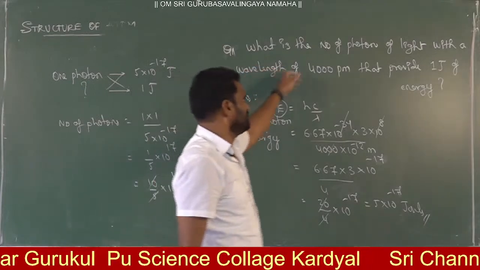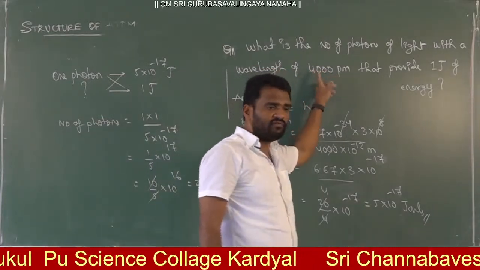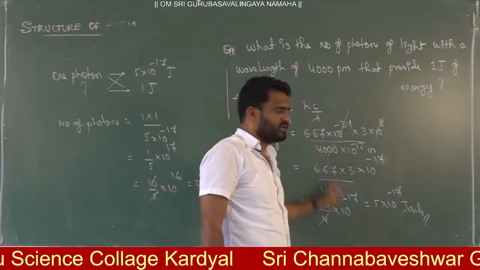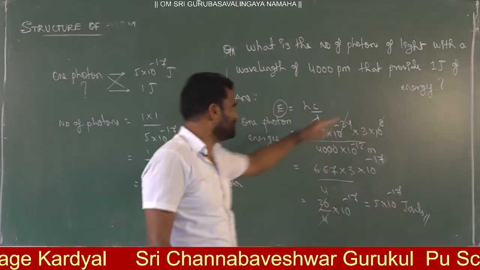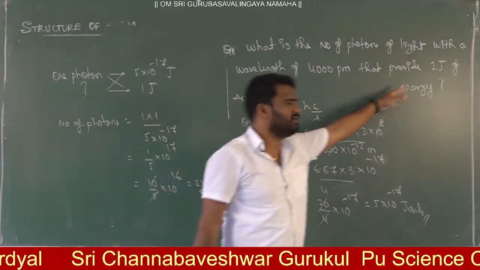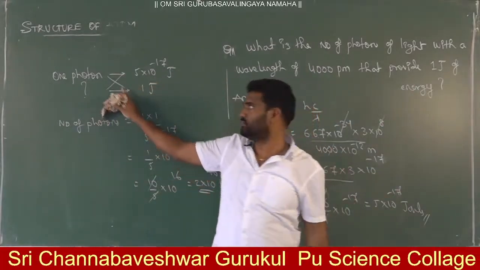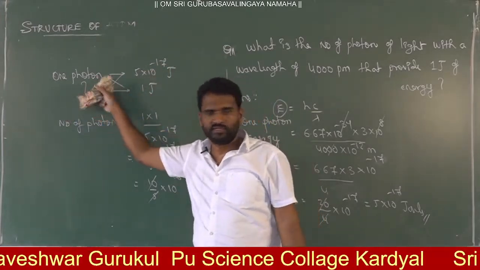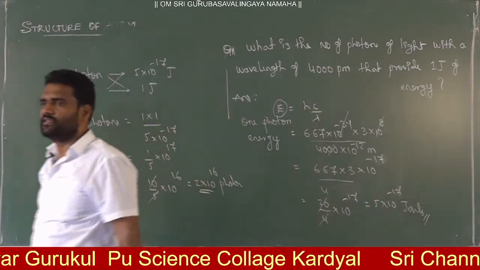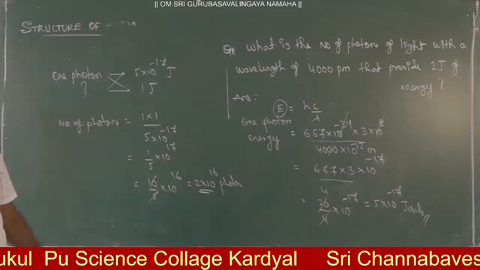Here in the question, the wavelength of 1 photon is given. You have to calculate the energy of 1 photon, which equals this many joules. To get 1 joule of energy, how many photons are required? Do the crisscross, then you will get the answer. This is the number of photons required.